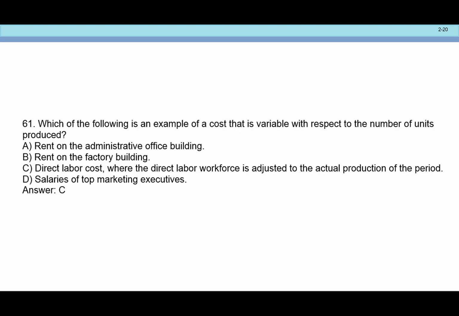Which of the following is an example of a cost that is variable with respect to the number of units produced? Direct labor costs, where the direct labor force is adjusted to the actual production. The more units you produce, the more your variable costs in total. The fewer units produced, the less. These other costs are all fixed, aren't they?